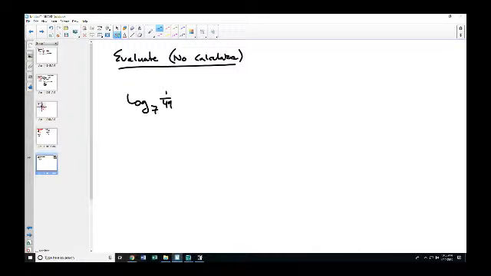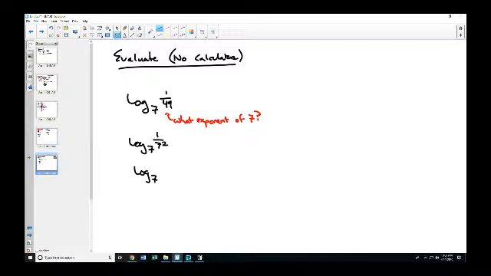Again, what exponent of 7 is this? 7 times 7, 7 squared. It's not squared, it's 1 over 49. So 49 is 7 squared, but it's 1 over 7 squared.